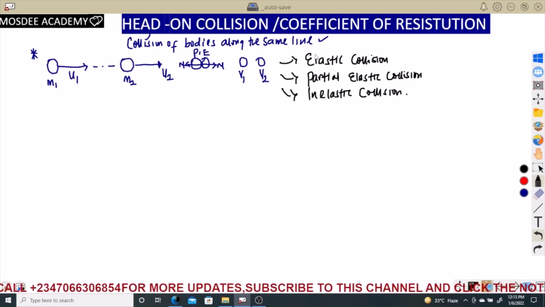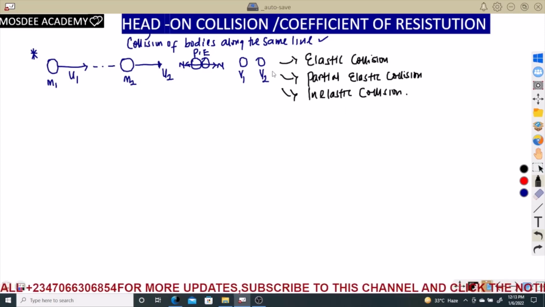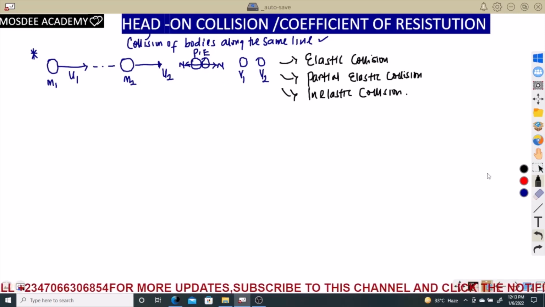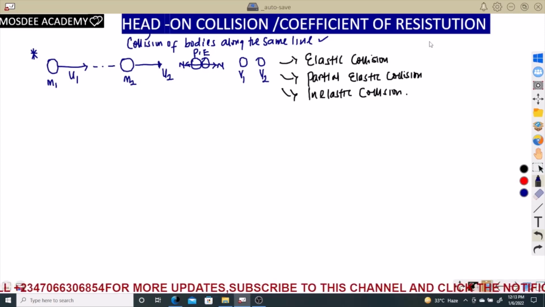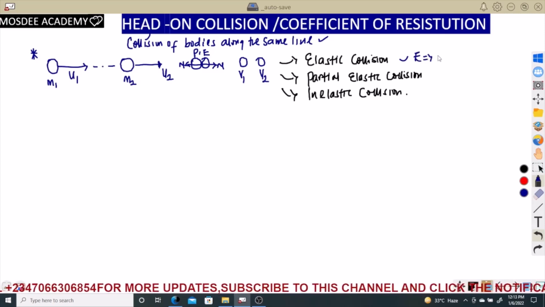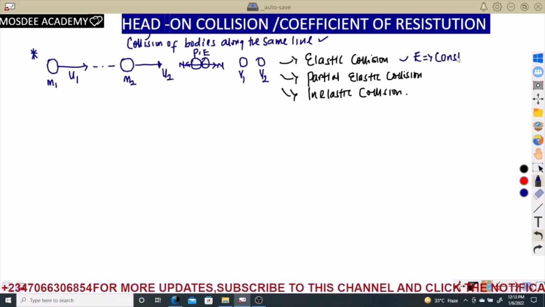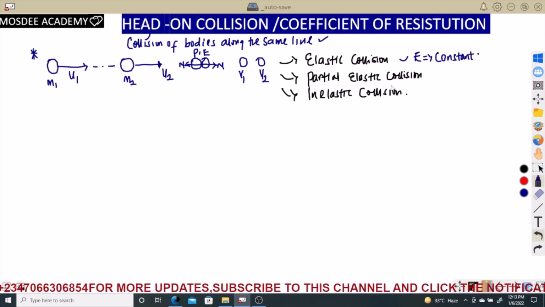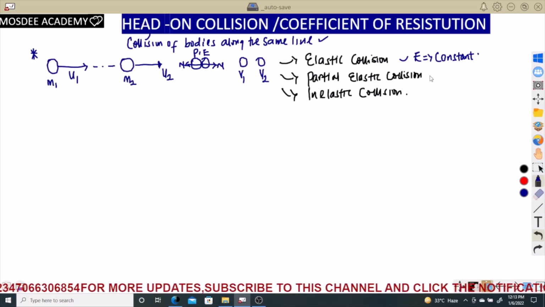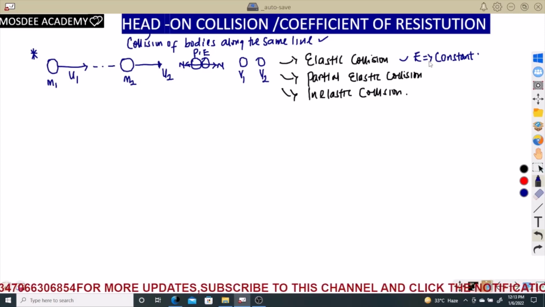Now, when we talk about elastic collision, that means bodies are not sticking together. We've talked about that. So that means the energy is constant. Energy of the body is constant. When we say partial elastic collision, we are talking about the energy that is lost.